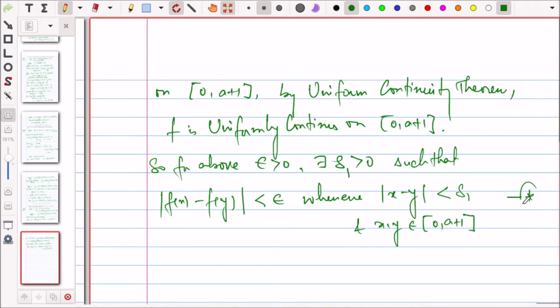So mark it as star. So we are able to show that |f(x) - f(y)| is less than epsilon whenever |x - y| is less than delta 1 and x, y belong to [0, a+1].